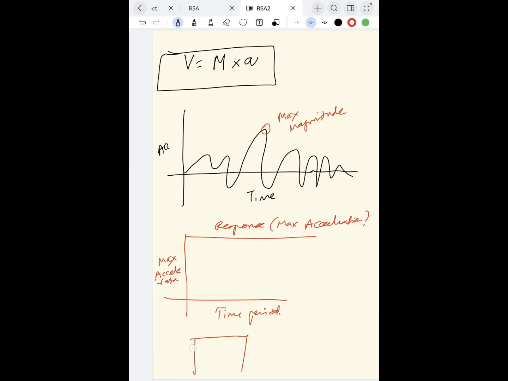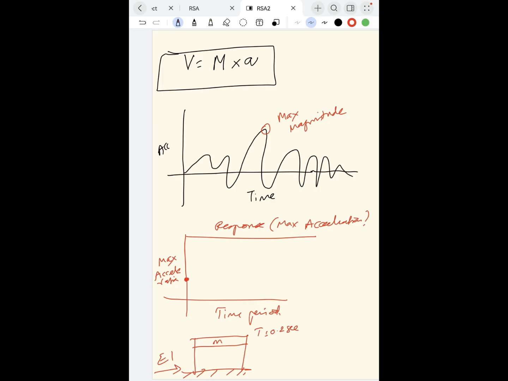Let us keep a mass m with certain height and time period of 0.2 seconds with the earthquake force of E1. And for this structure, let us assume that we get the maximum acceleration of this value.